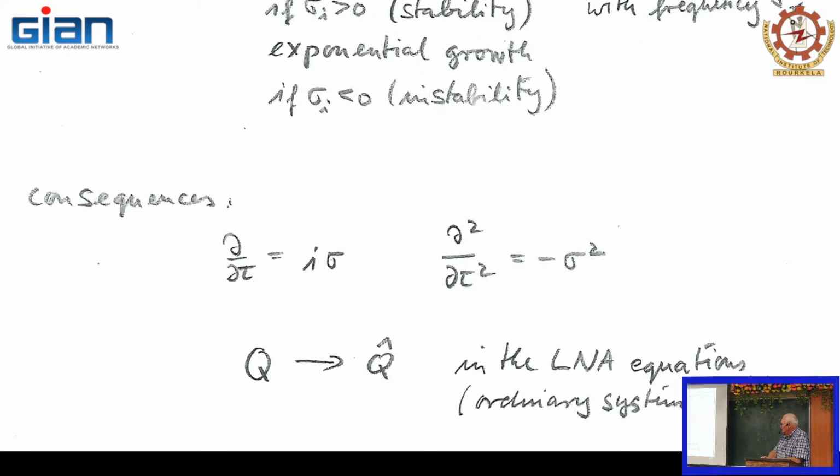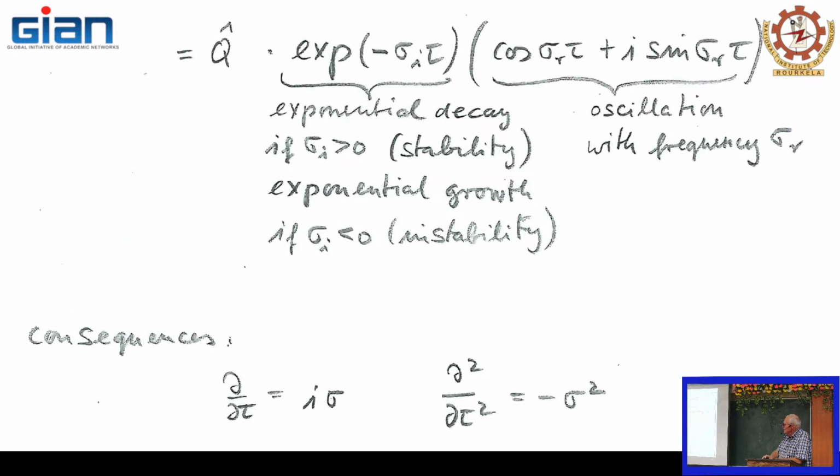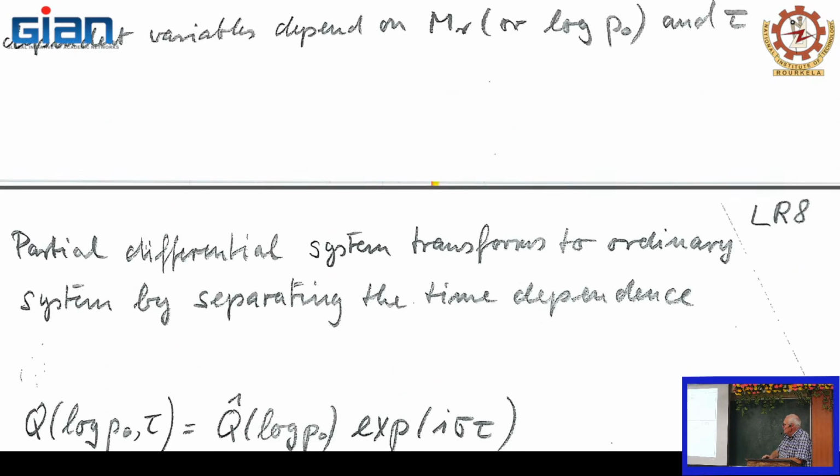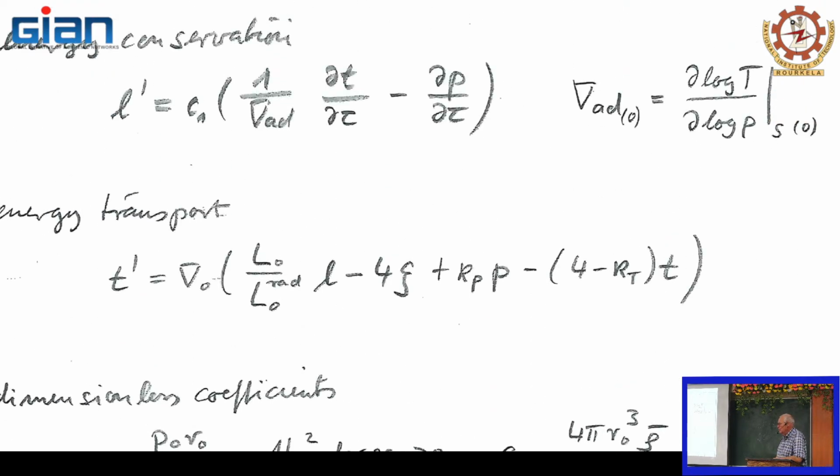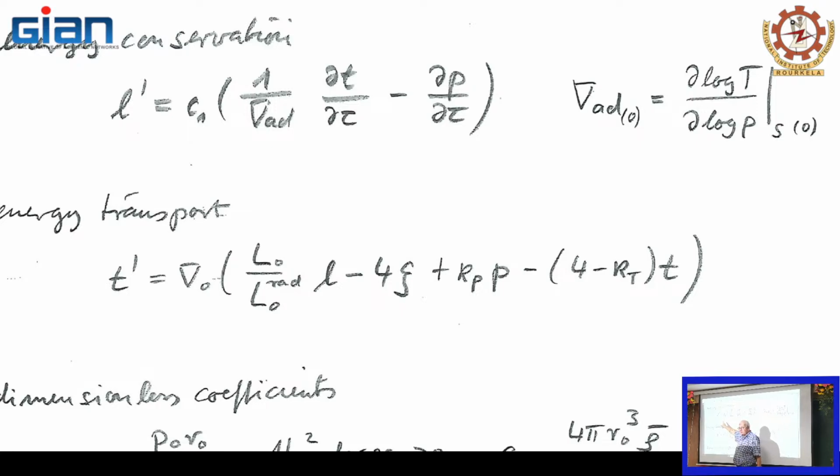Once we adopt this time separation procedure, we can cancel all the exponentials in the original equations, because the time derivatives simply give a multiplication with I sigma, and all the dependent variables contain the exponential factor, which we can simply cancel.